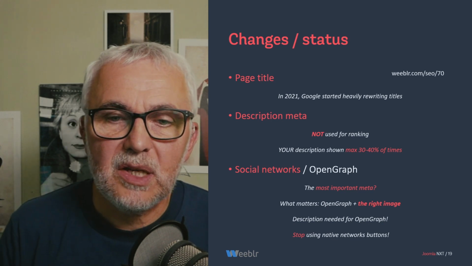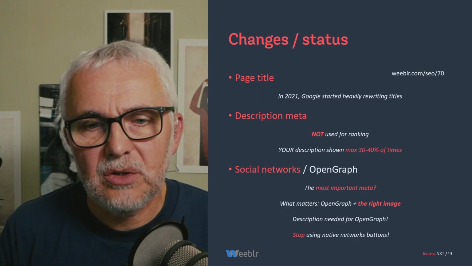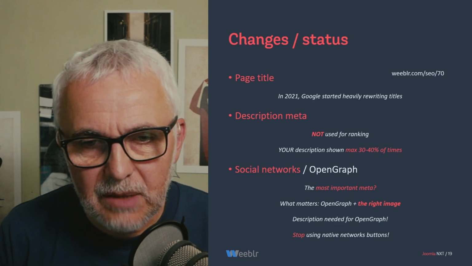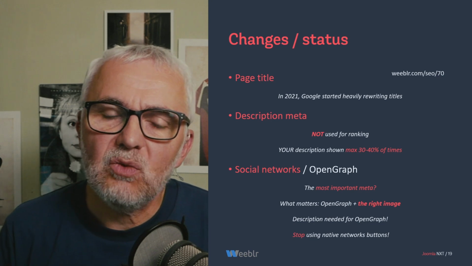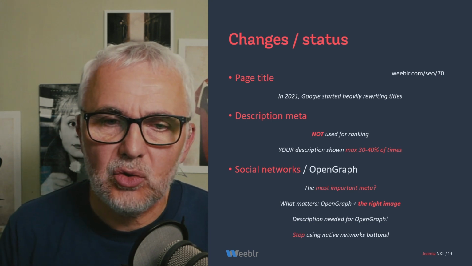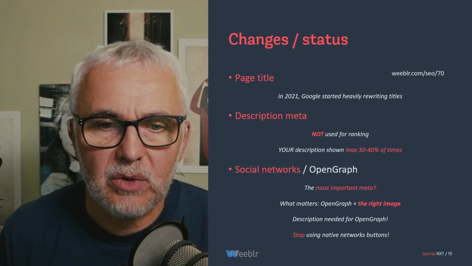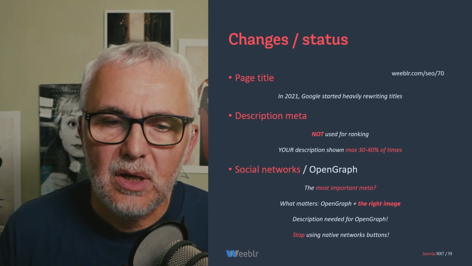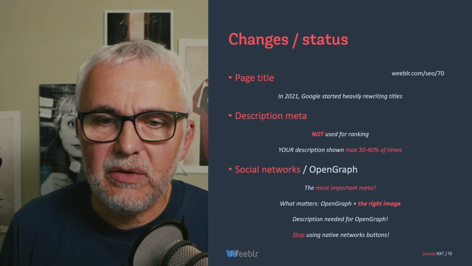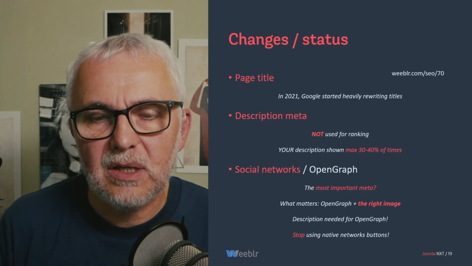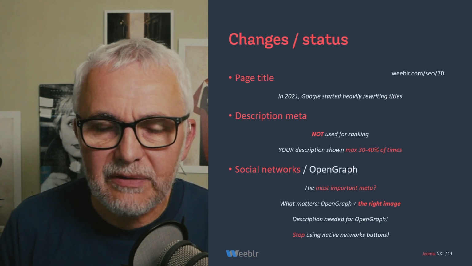However, I would say that in most cases, what you need to have is Open Graph metadata, and Open Graph is what's used by social networks when sharing your page. So Facebook, Twitter, LinkedIn, Pinterest, all these use specific metadata called Open Graph.